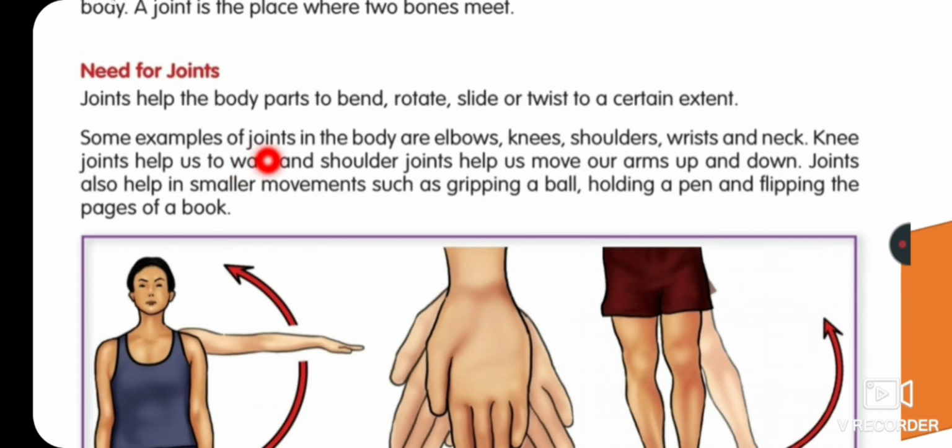Some examples of joints in the body are elbows, knees, shoulders, wrist, and neck. Knee joints help us to walk, and shoulder joints help us move our arm up and down. Joints also help in smaller movements such as gripping a ball, holding a pen, and flipping the pages of a book.